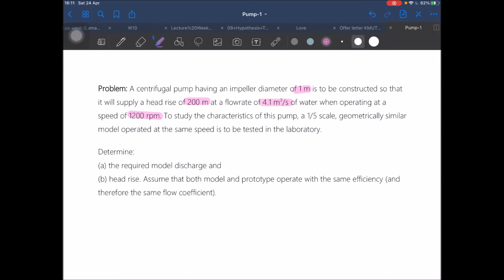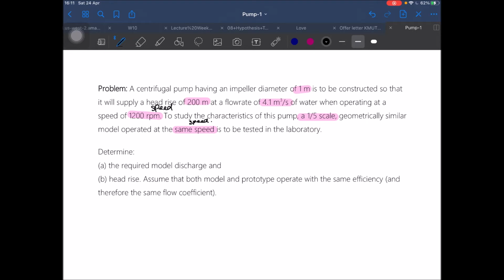So now we have to study the characteristic of this pump, and it is called the 1/5 scale, geometrically similar model operated at the same speed. So it says same speed. This is the speed, and this is the speed. To be tested in the laboratory.